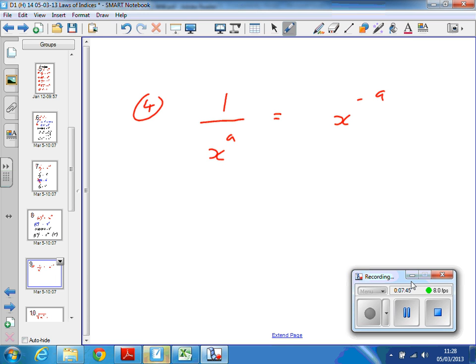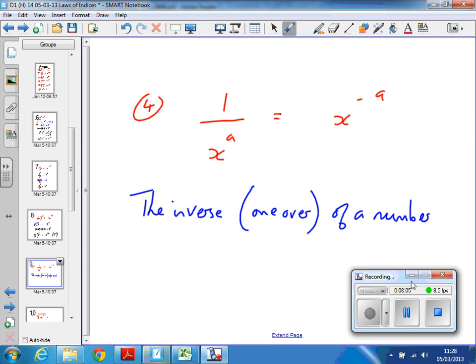The inverse of x to the a is 1 over x to the a. When we talk about the inverse, and you've got an inverse button on your calculator, 1 over. The inverse of a number is given by 1 over that number.